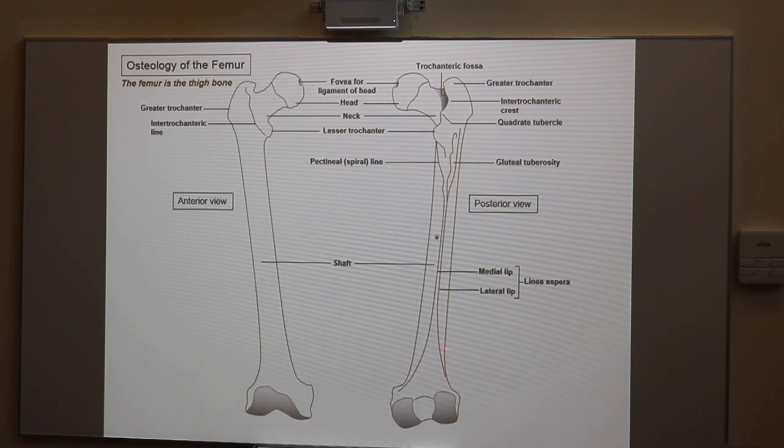The other line is the lateral supracondylar ridge. So linea aspera, as it goes down just above the condyles, separates into the medial and lateral supracondylar ridges. The area between the two ridges is called the popliteal fossa.